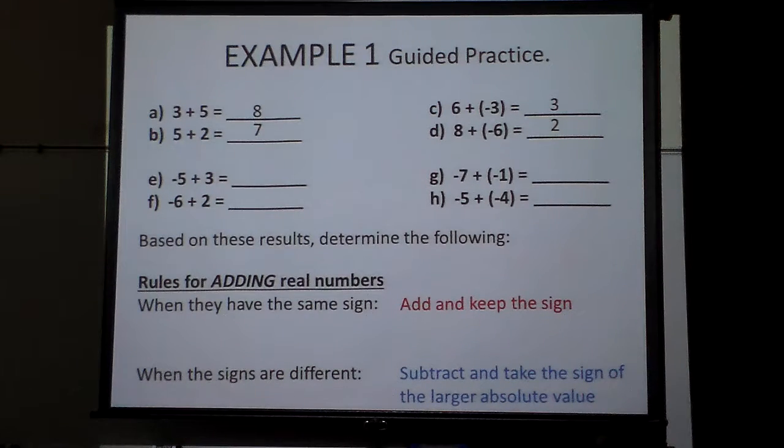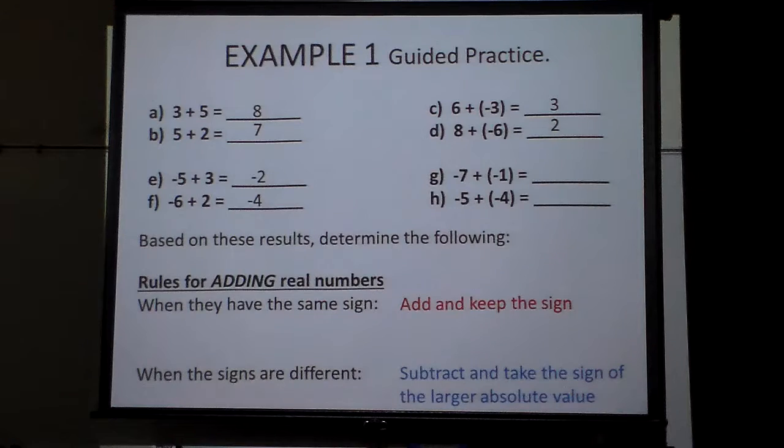So look at E. Are they same or different? Different. So do I add or subtract? Subtract. So I'm going to get 2. And it's negative 2 because 5 is larger than 3. And that means it'll be negative because I'll have more negatives than I have positives. Look at the next one. Are they same or different? They're different, so I subtract. And 6 minus 2 is 4.